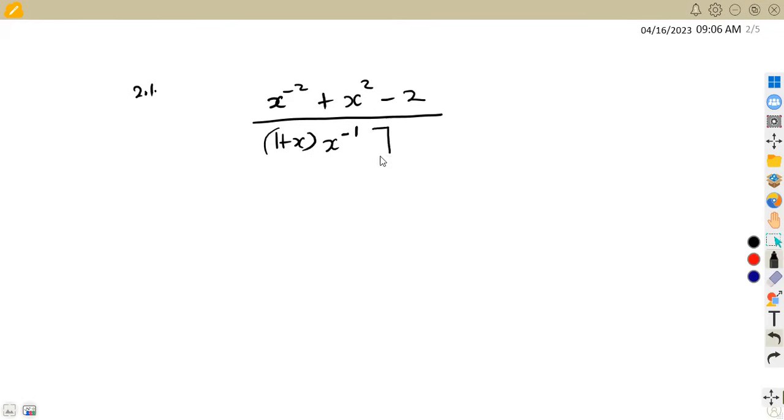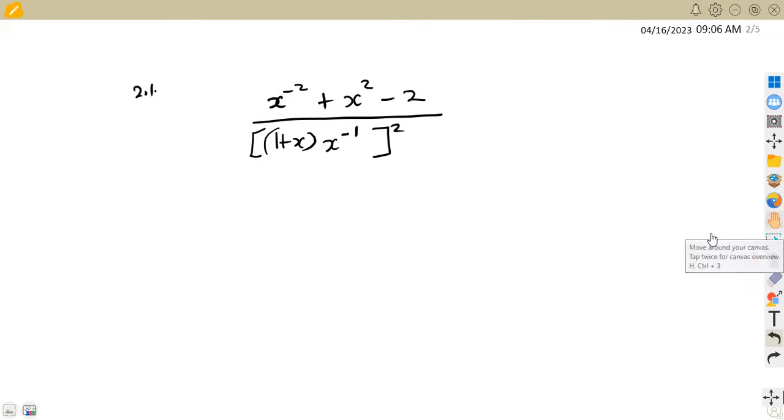We are asked to simplify x to the exponent of -2 plus x squared minus 2, everything over 1 plus x, like this. So this was 1 plus x times x to the exponent of -1, everything to the exponent of -2, +2, like this.